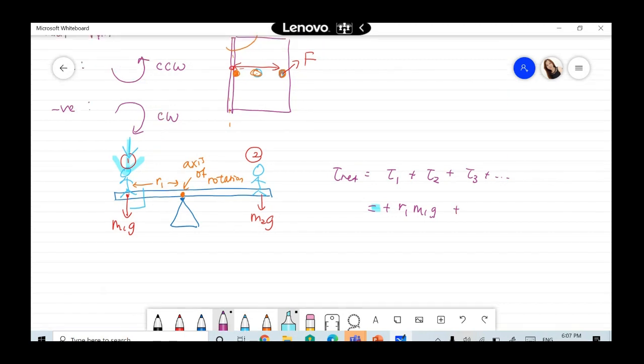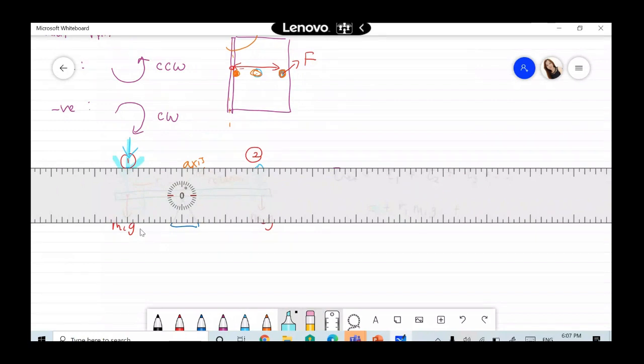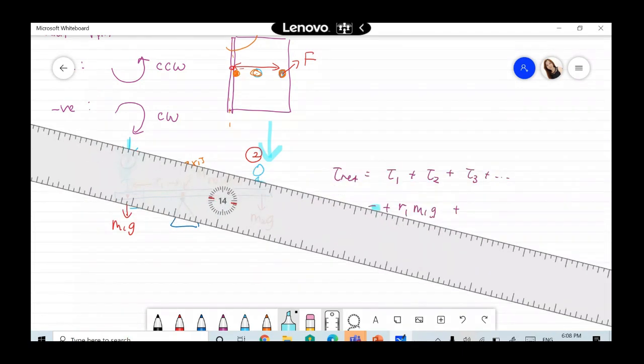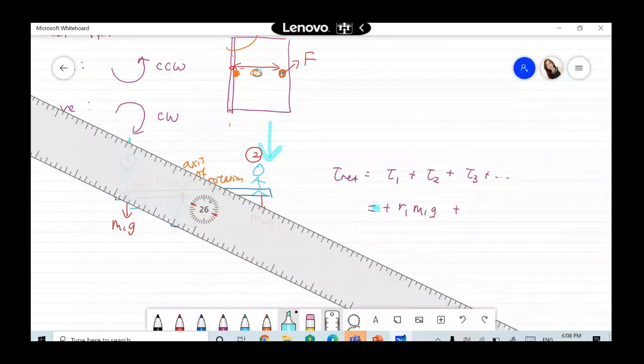Plus torque 2. Torque 2 is the torque produced due to kid number 2. Kid number 2 has a gravitational force of M2G. Similarly, the axis of rotation is here at O. Now I'm applying the force in this direction. What happens to the ruler or to the plank? It will tend to rotate here. M2 will be rotated in the clockwise direction.